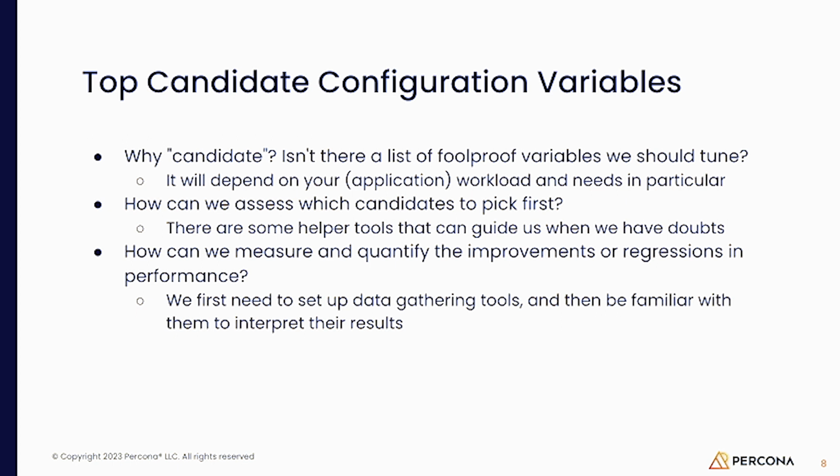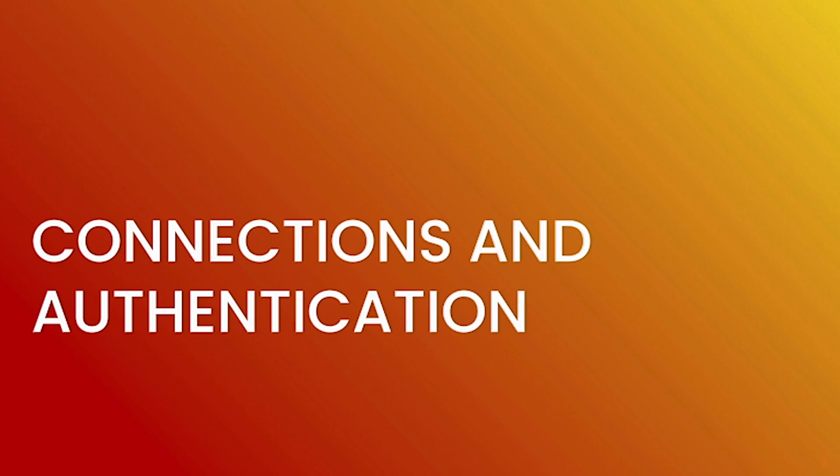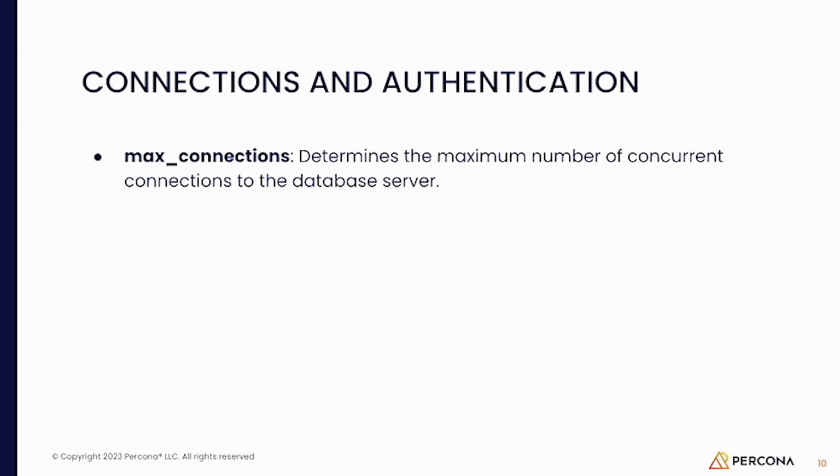We need, again, data gathering tools and to know what metrics to look for in each of the subsystems we are interested in. So let's begin. Now we are going to discuss all these configuration variables that we listed in the previous slide, and we will briefly discuss what they do and how we can tune them.